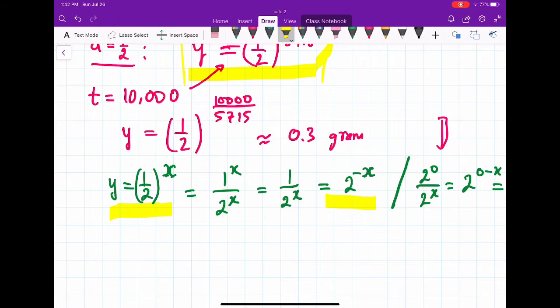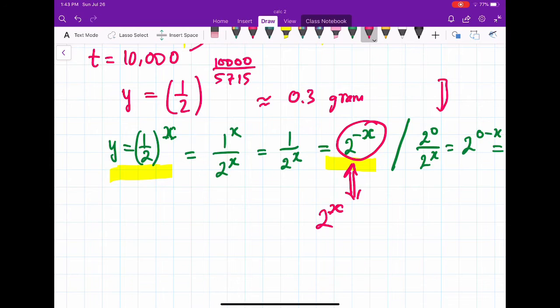But interestingly, the graph of this function can be obtained from the graph of the function 2 to the x, because the graphs of this function and of this one are symmetric with respect to the y-axis. I hope you still remember that, right?